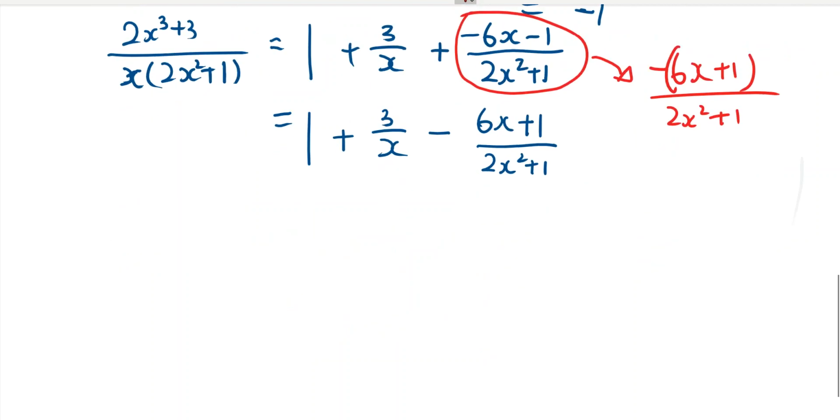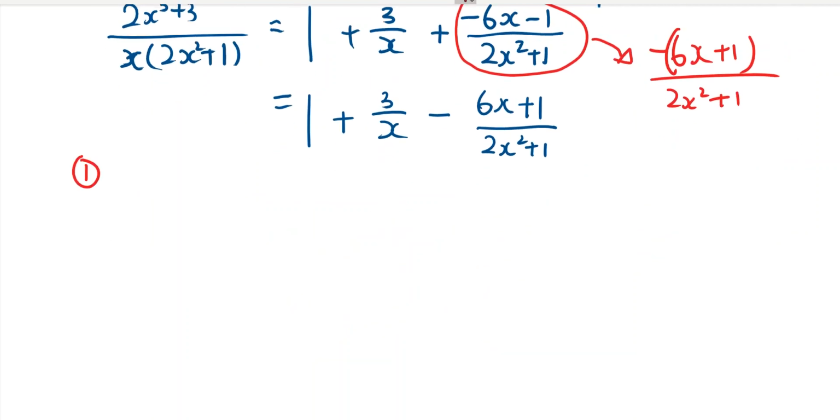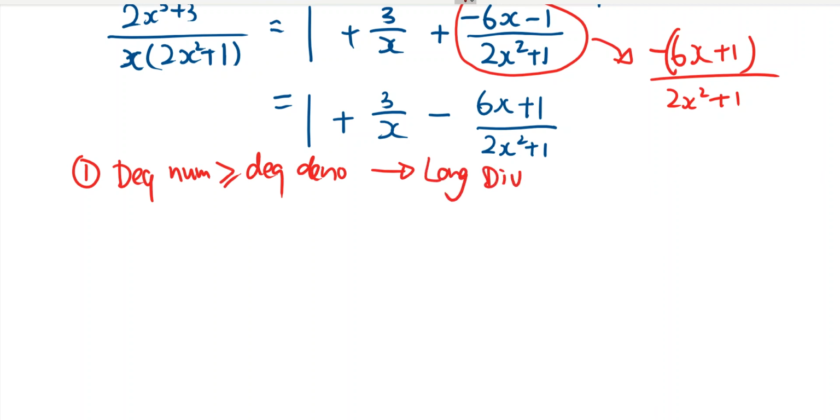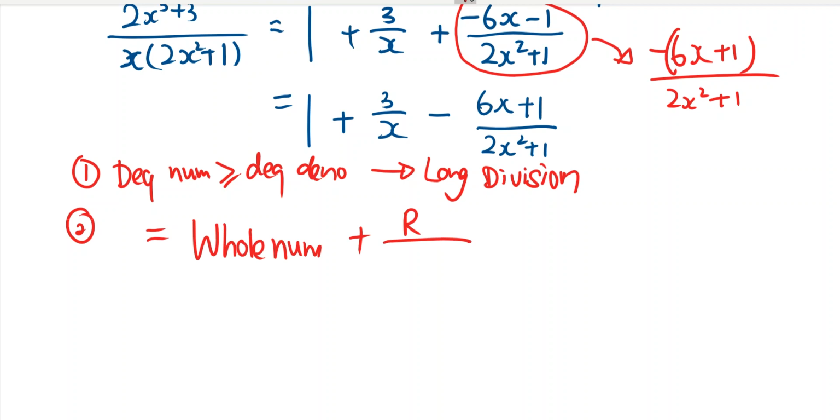Remember the steps: number 1, as long as the degree of the numerator is greater than or equal to the degree of the denominator, what must you do? Long division. Number 2, remember your fraction is equal to the whole number plus your remainder over the divisor.